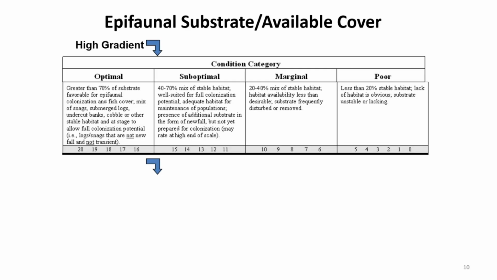It's saying that 70% of the substrate is favorable for epifaunal colonization, including submerged logs, undercut banks, cobble, and other stable habitat. We're not talking about woody debris that's just floating past, because that doesn't have a chance for macroinvertebrates to live on it.